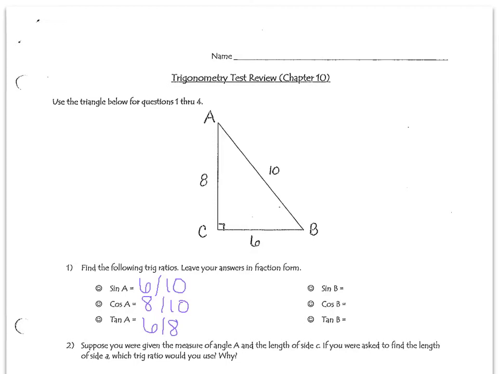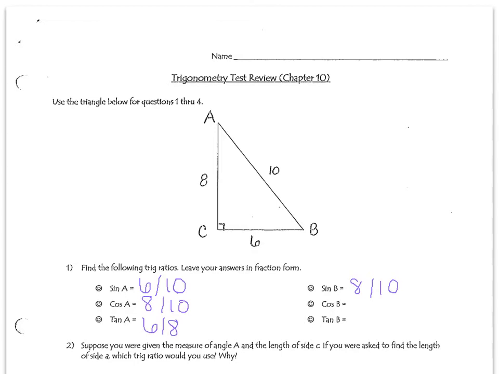Now sine of B, now we're going from angle B, the opposite would be the 8 over the hypotenuse. Now remember, the hypotenuse doesn't change, so the hypotenuse is still 10. So sine of B is 8 over 10. Notice all four of these, sine of A, cosine A, sine of B, cosine B, will all have 10 on the bottom because the hypotenuse is 10 no matter what.